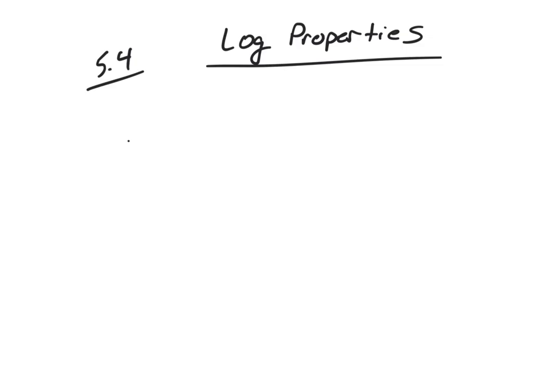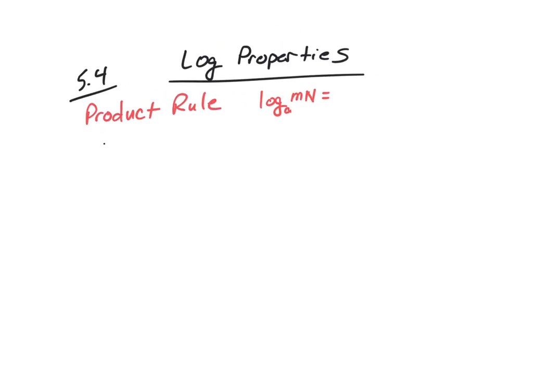Okay, so the first one is what we call the product rule. Okay, and we call it the product rule because initially we are multiplying two things together.